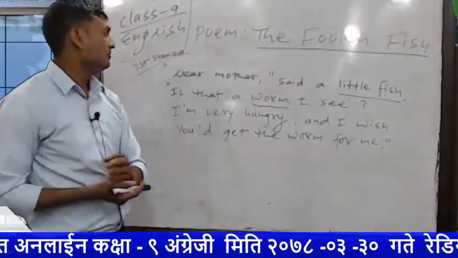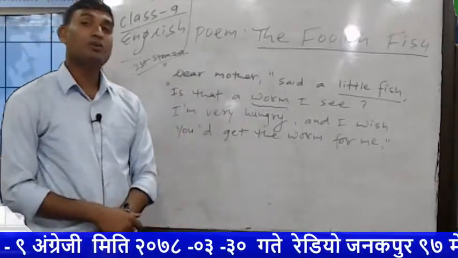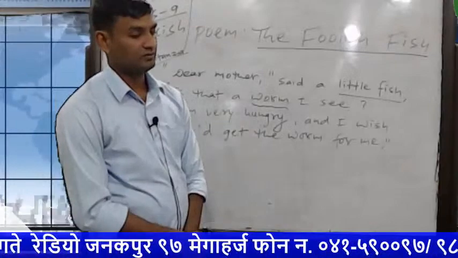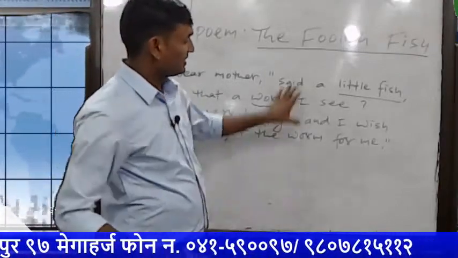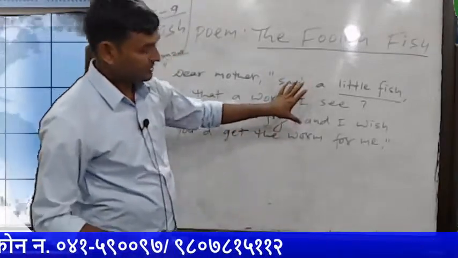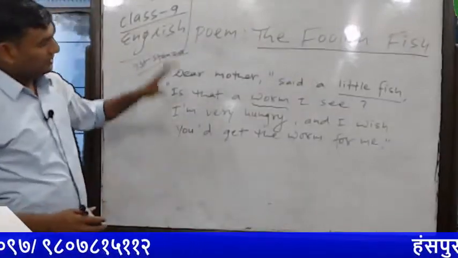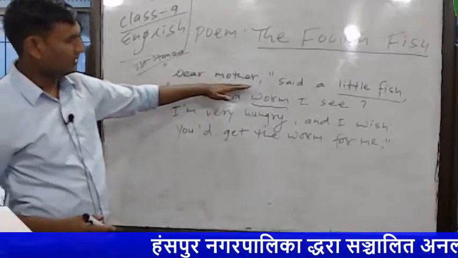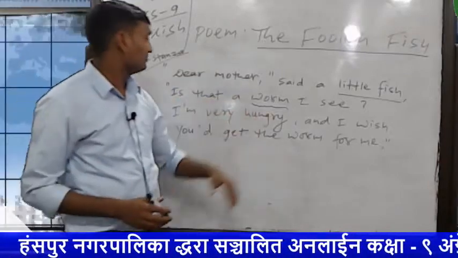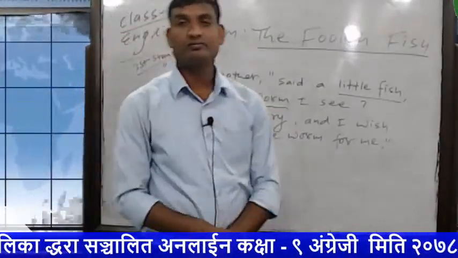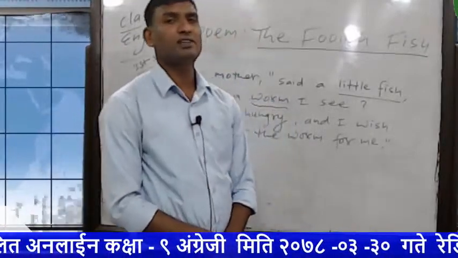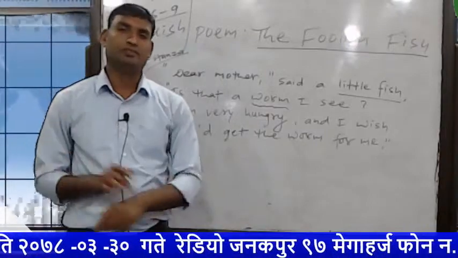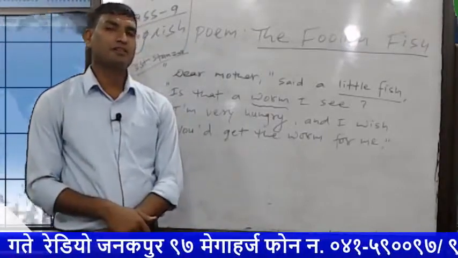Please, dear mother, give me the worm that I am seeing. So this is about the first stanza. The little fish asked her mother, "I am seeing that is really a worm. I am very hungry. I wish you would get the worm for me. Please, mom, give me the worm."